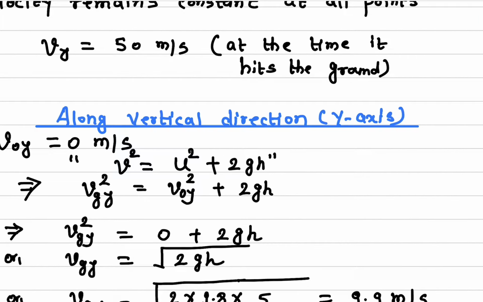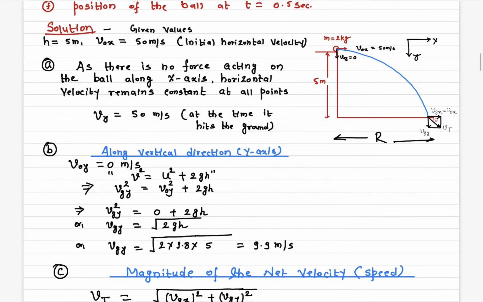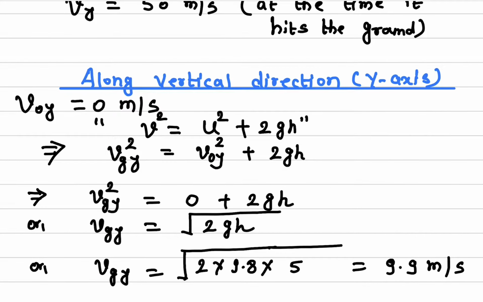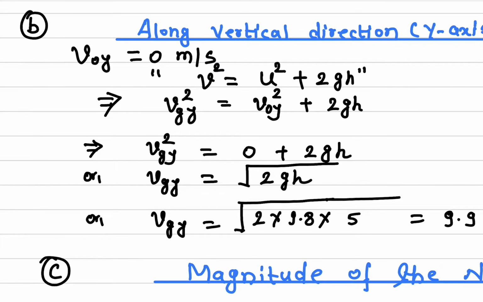The final velocity when it reaches the ground, we're calling vgy, where g stands for the ground. And the initial velocity u, I'm writing in a different notation, v0y, plus 2gh.